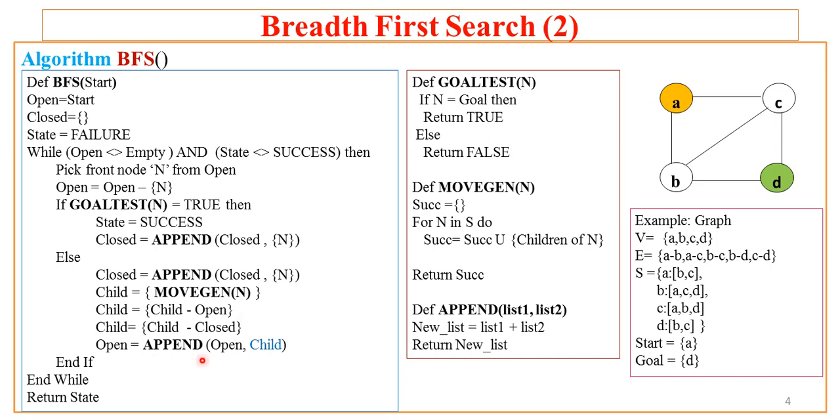What about append? The append function takes two lists, list 1 and list 2. Now it creates a temporary list, new list. It takes the elements from the first list, adds them to the new list, and then adds all the list 2 elements at the end of the list 1 elements, thus creating a new temporary list, and it returns the new list to the calling algorithm.